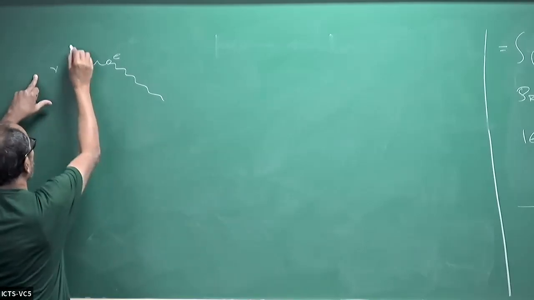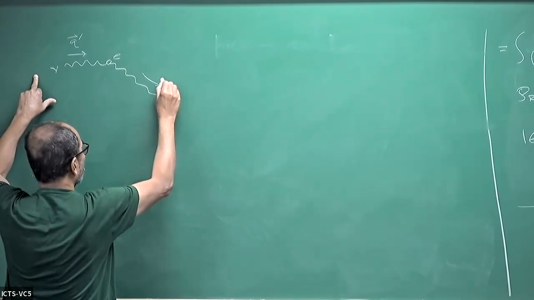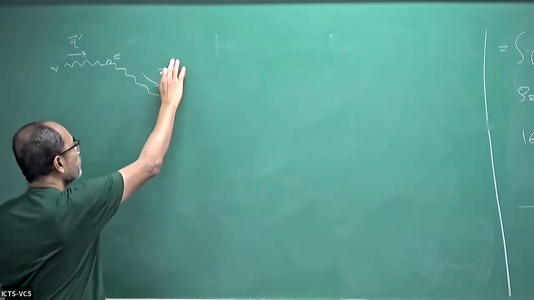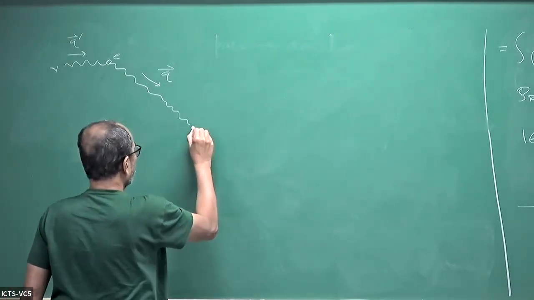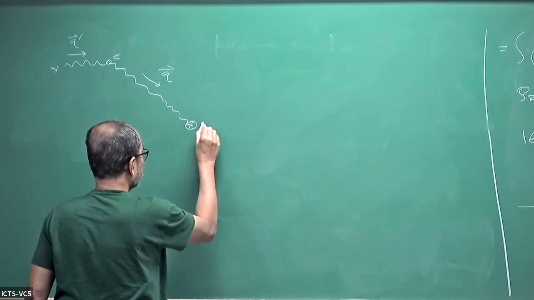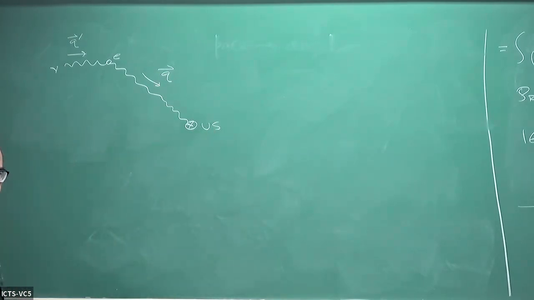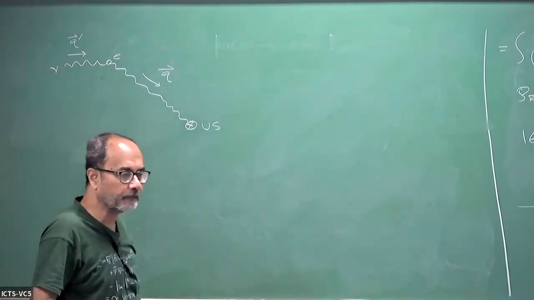It comes in with some momentum q prime, and goes out with some momentum q. And we are sitting here, eventually observing this CMB photon. So the final q is up to us to adjust.